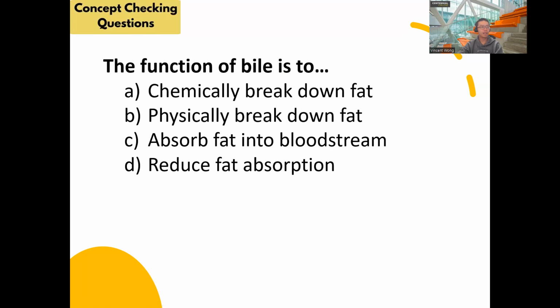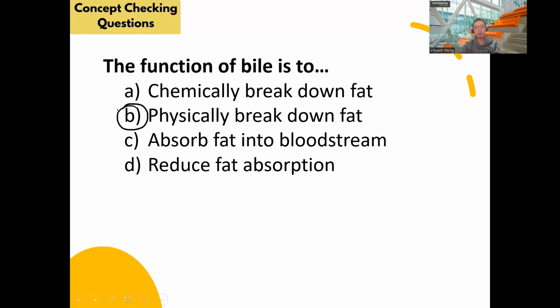The function of bile. Here, you can do this one. Bile is to physically break down the fat, right?